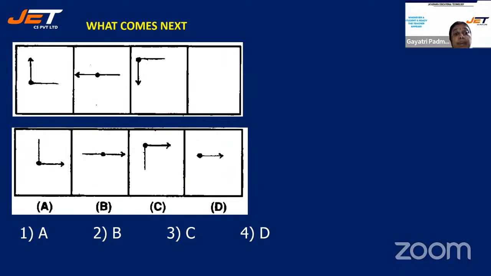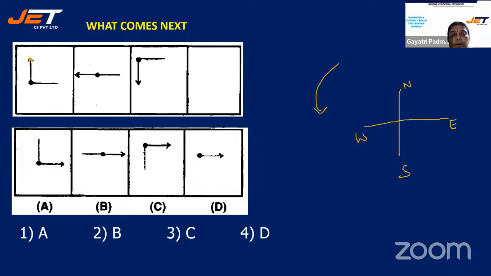You see where the arrow is facing. It is moving like this, anti-clockwise. So your arrow is first facing up, then towards the left. You can also use this method: east, west, north, south. I think this should be the best method.